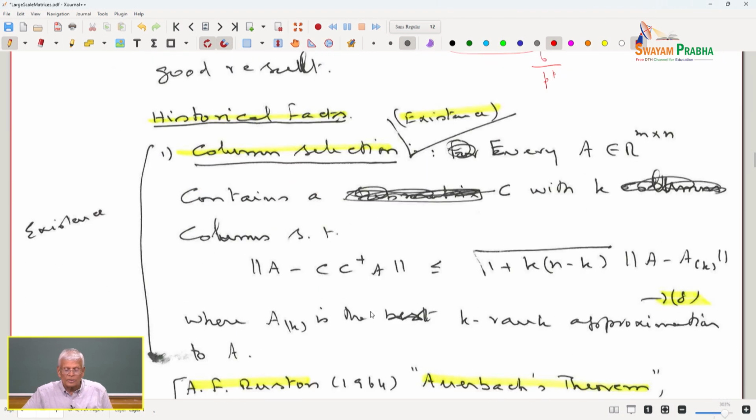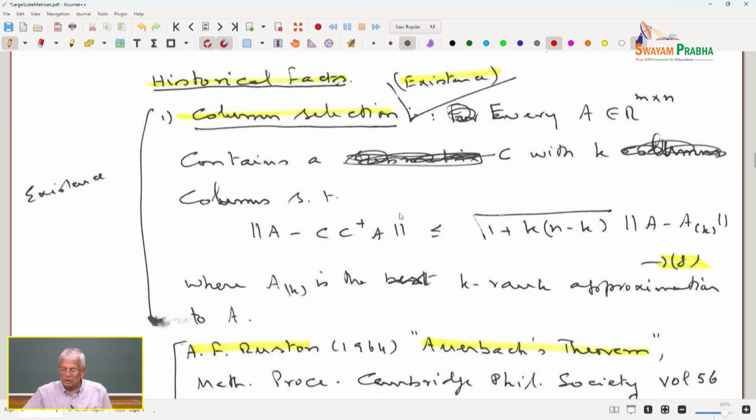Some historical facts. Column selection.